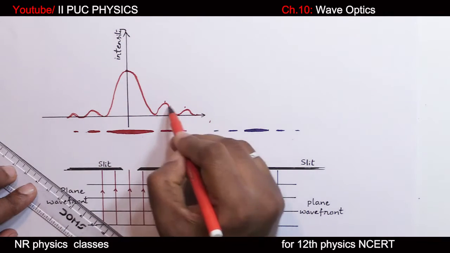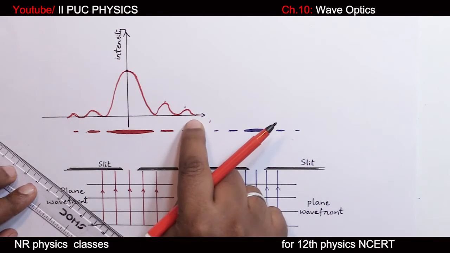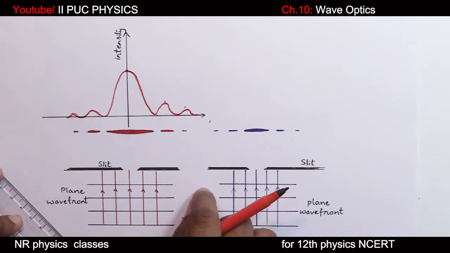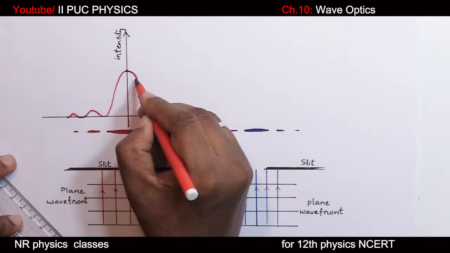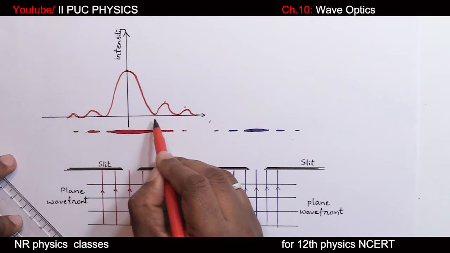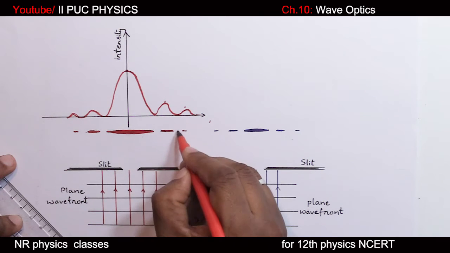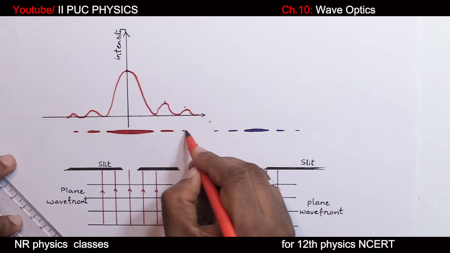So when we use a graph like this, this represents a graph of intensity versus path difference in the case of diffraction of light. This is called principal maximum, first minimum, first secondary maximum, nothing but first maximum, second minimum, second maximum.